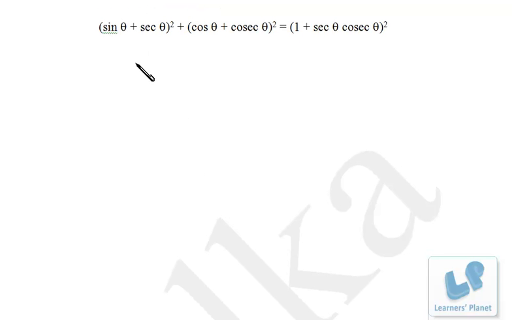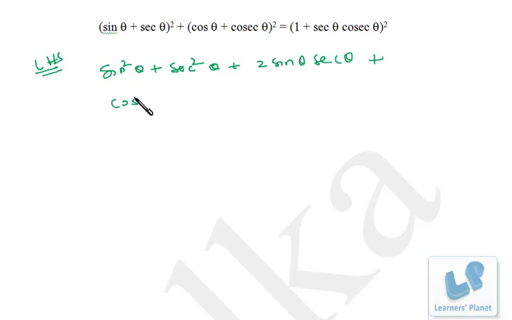Now here, we start from the left hand side. Sin theta plus sec theta whole square plus cos theta plus cosec theta whole square. So I just open the bracket as a plus b whole square. So sin square theta plus sec square theta plus 2 sin theta sec theta plus cos square theta plus cosec square theta plus 2 cos theta cosec theta.